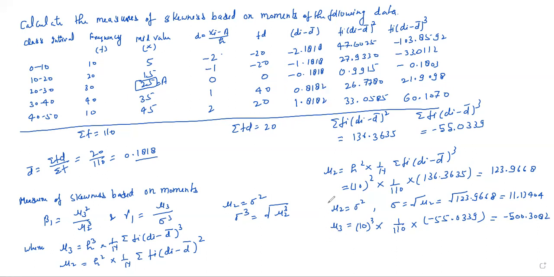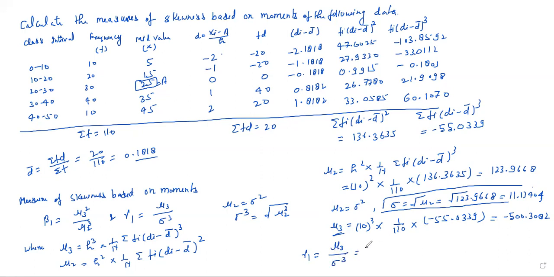So from this sigma and from this mu 3, we calculate gamma 1, and gamma 1 is equal to mu 3 upon sigma cube.